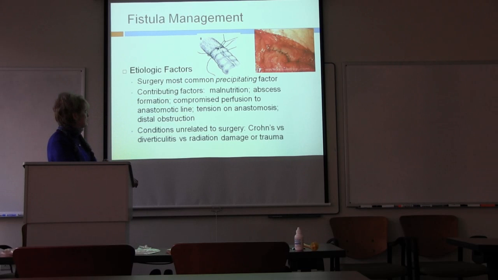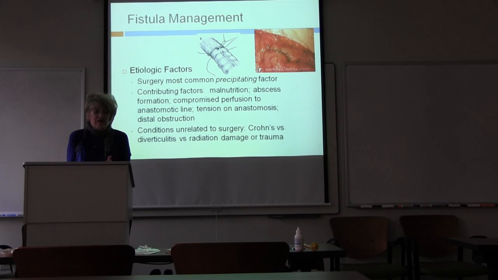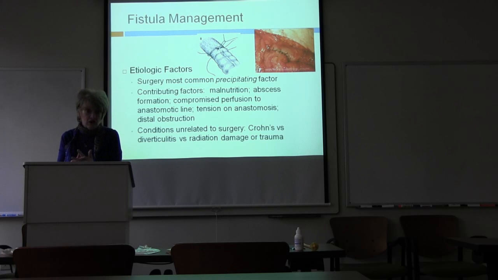What else could cause it? Well, let's go back to why is it that the vast majority of people who have bowel surgery do not develop fistulas? It's because most people heal normally. Who's at risk for developing a fistula? People who are not healing normally because of some systemic factor or some local factor. Systemic factors could be poorly controlled diabetes, a patient who's on high-dose steroids and has been for a number of weeks, a patient with multiple comorbidities.